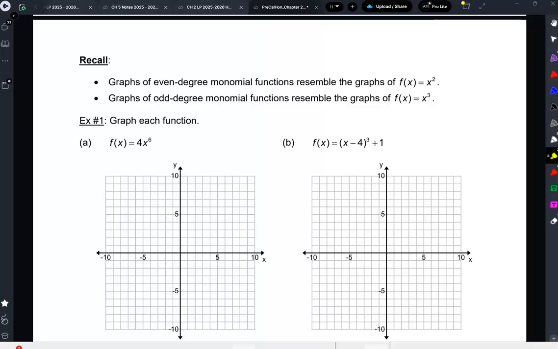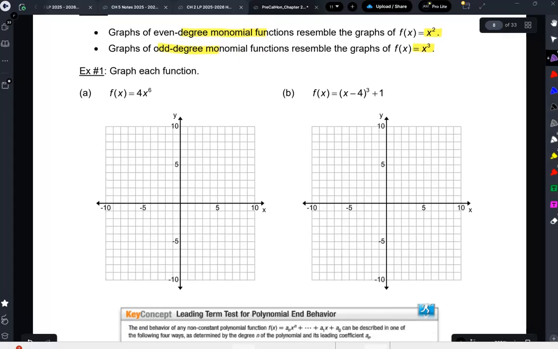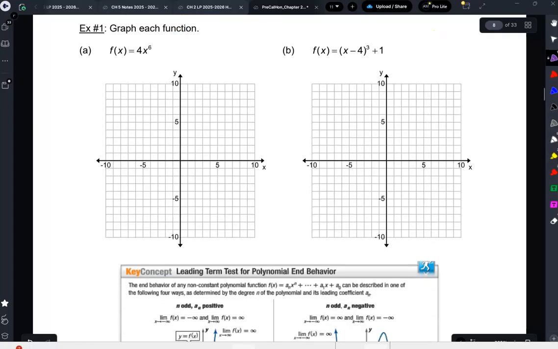Okay, so we know that from before, graphs of even degree polynomial functions are like x squared. Graphs of odd degree are like x cubed. So if I wanted to graph 4x to the 6, we did this last time. We know exactly how to do it. When x is 0, y is 0. When x is 1, I get 4, and so on, right? And this will be just super thin going up.